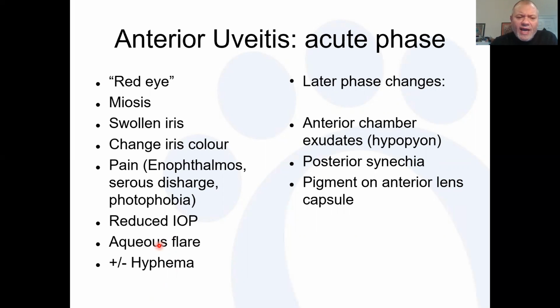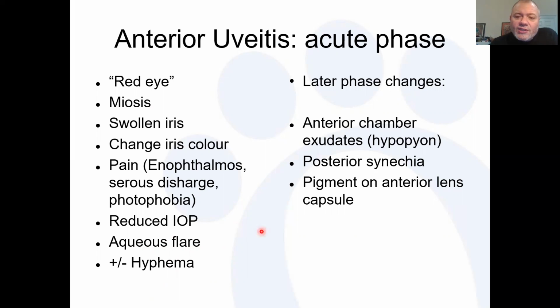We often see aqueous flare, which is a turbidity in the normally clear aqueous humour. We may see blood in the anterior chamber, which we refer to as hyphema, a filling of blood from the bottom part of the eye. Later, we see that the inflammatory cells can form together to form exudates, which you would call hypopyon, a blob of pus in the anterior chamber.